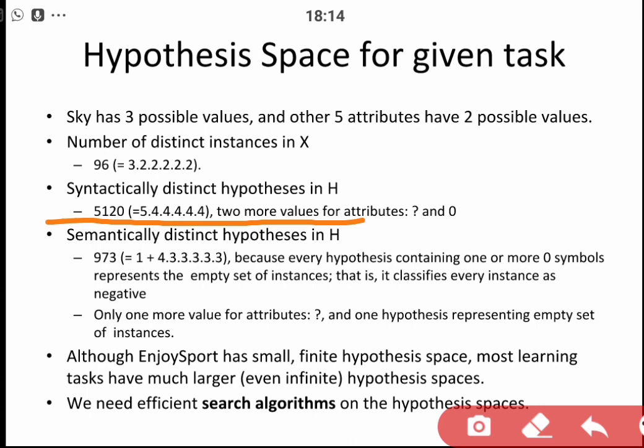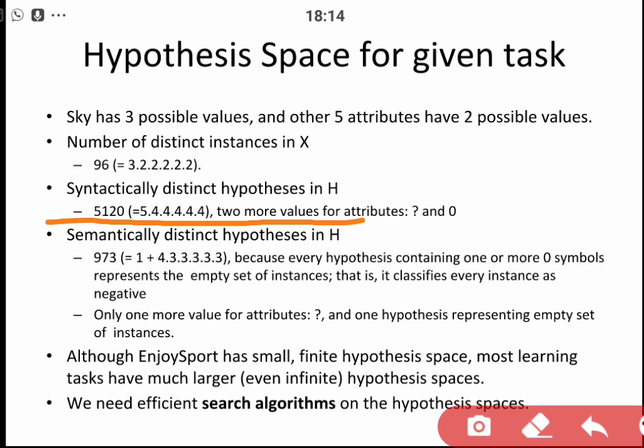But if we talk about semantically distinct, then, as we say, any attribute that has a value of 0 is not going to give you a correct result, because we say we don't know what the value should be, so we cannot say that this hypothesis will be correct.